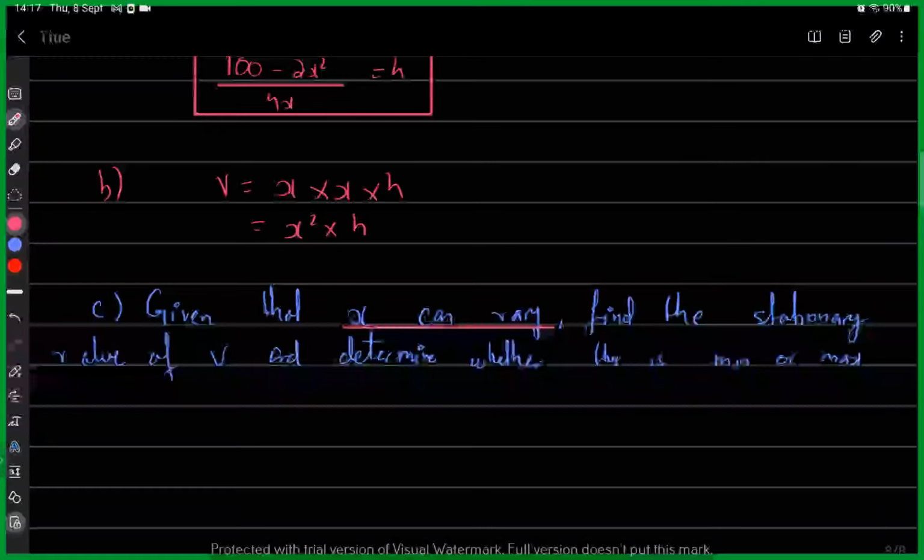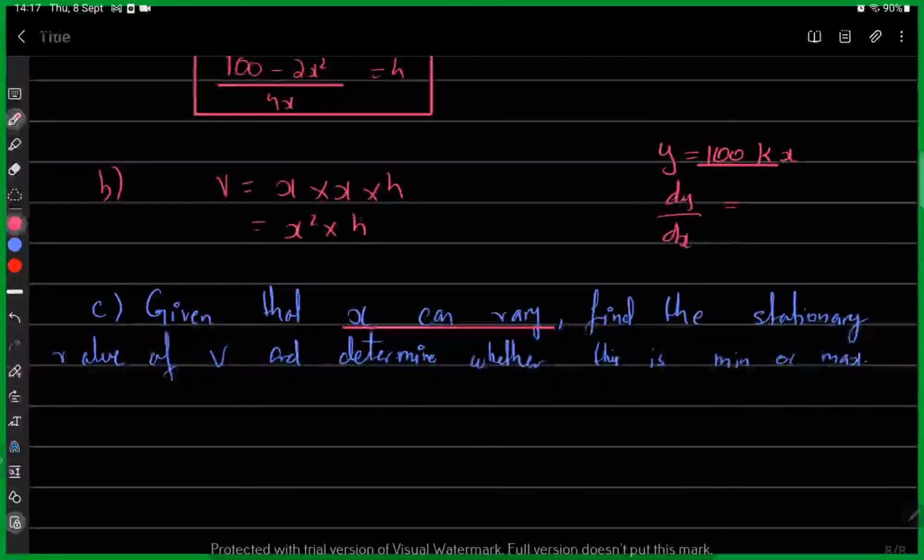For example, if I talk about y equals 100kx and I am differentiating it with respect to x, I would consider 100 and k as constants, and I would only consider x as the variable. So that is why they have mentioned this, that you need to differentiate with respect to x. x is going to vary, so x is going to be used as the variable.